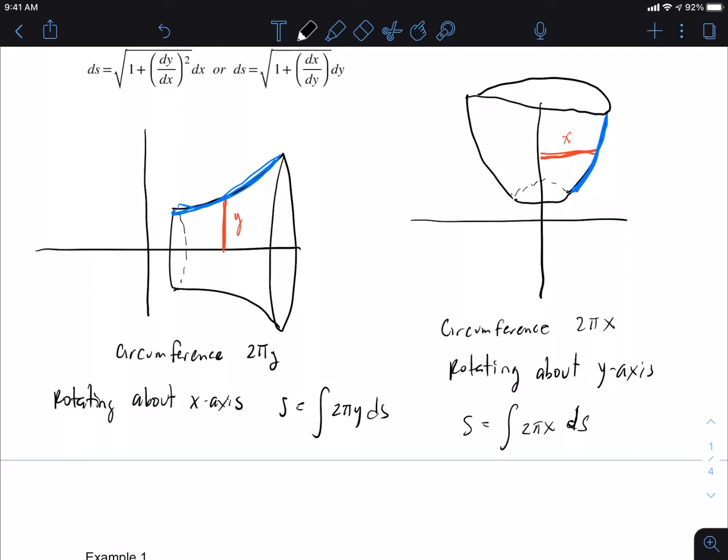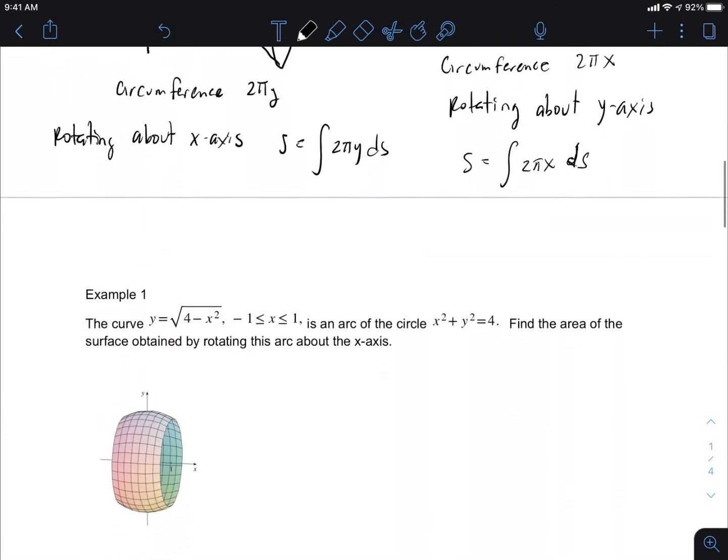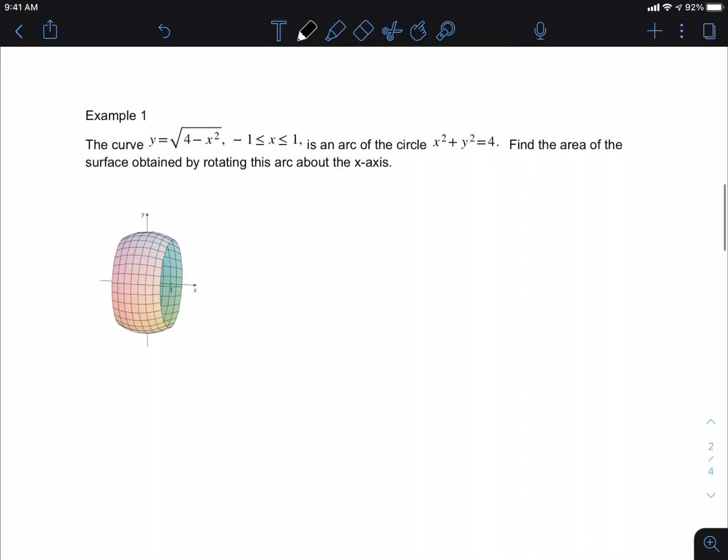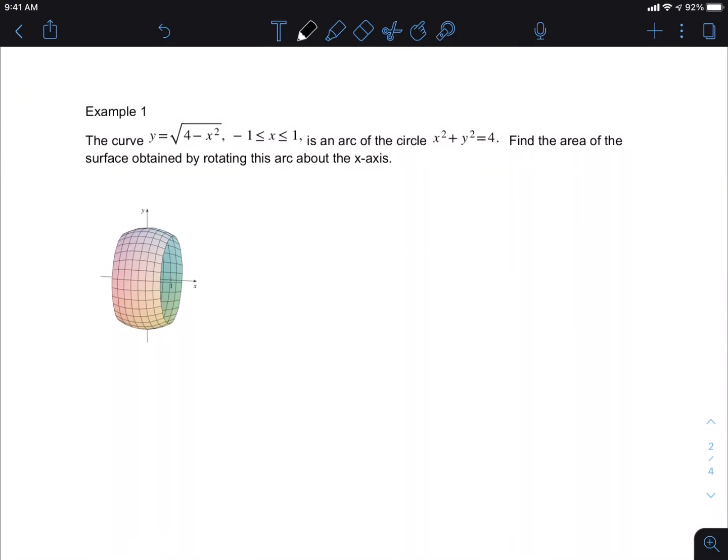Okay, so let's look at an example. And I cheated and took this example out of the book because they had a nice picture for us so that we could see. And really, I could clean it up a little bit so you can see it even better. If you want me to do it in 2 dimensions instead of this 3-dimensional rotation, it would look something like this, right?